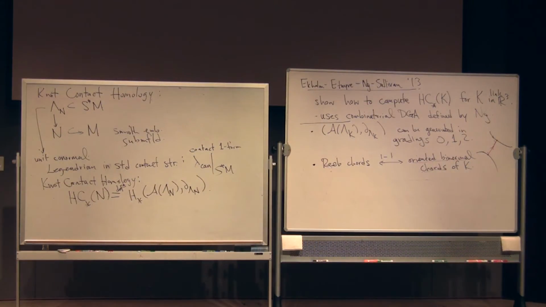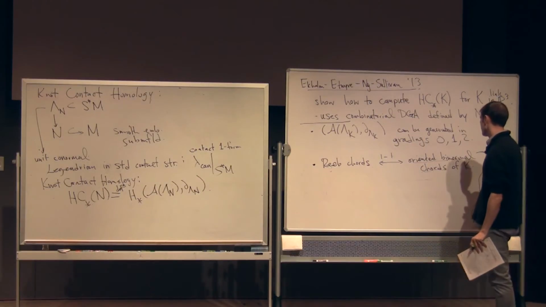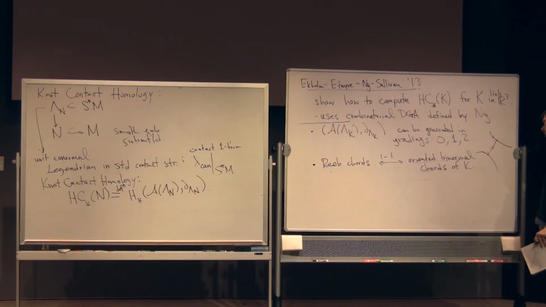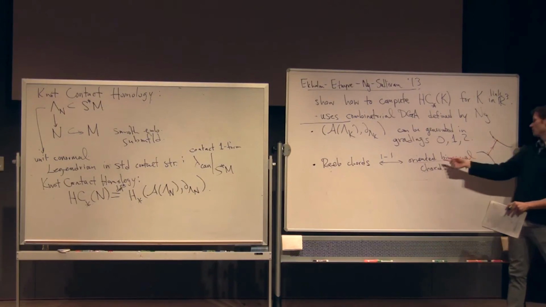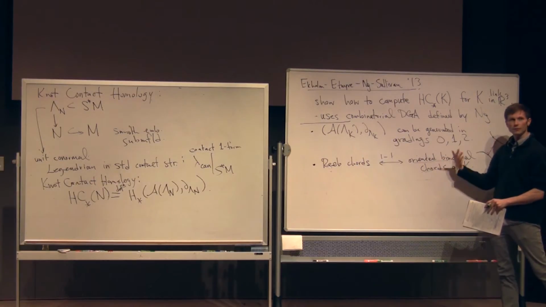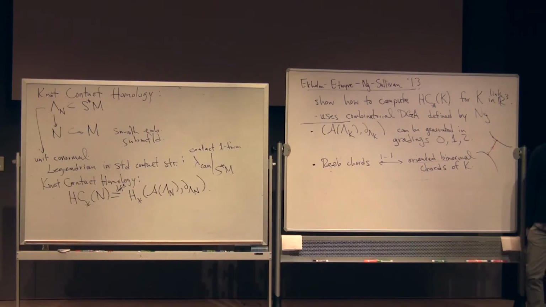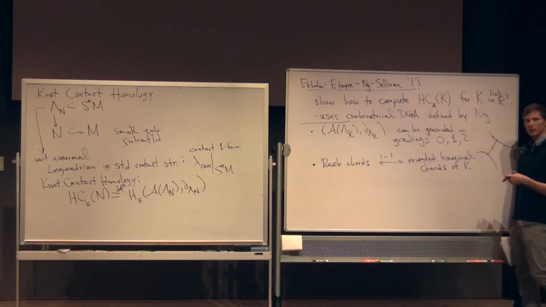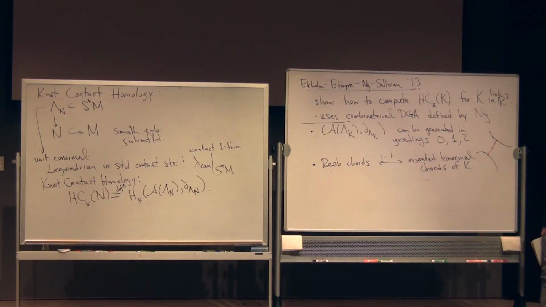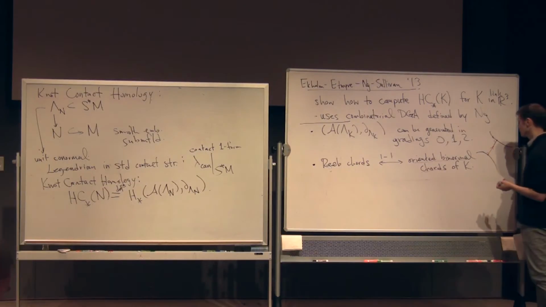You can really treat at least some part of this invariant in a very topological way by thinking of homotopy classes of paths which start and end on the knot, and each of these oriented binormal chords is in one of those homotopy classes. This allows you to draw some connections to more classical subjects like the fundamental group.